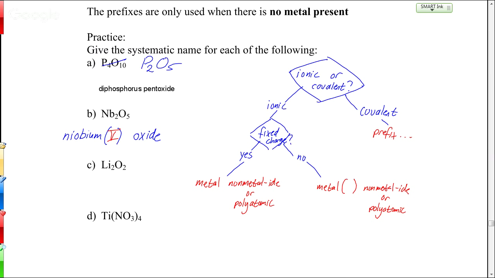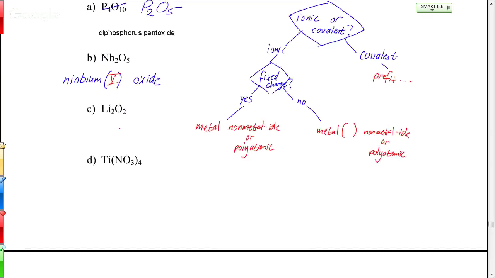All right. Let's skip that lithium one because that one's actually pretty tricky. We'll get back to that one and look at this bottom one. Same question. Ionic or covalent? Ti(NO3)4. Is that ionic or covalent? You want to give a guess?